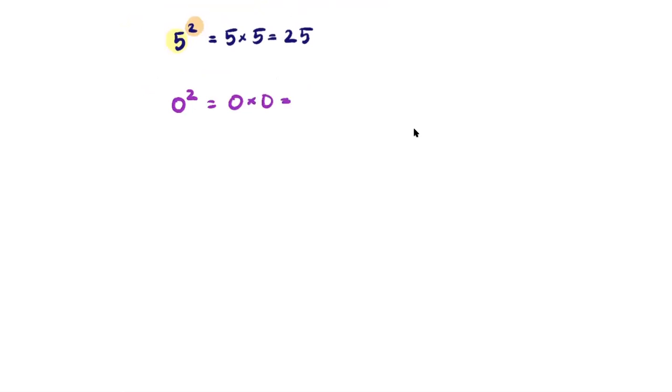And 0 times anything is 0, so it's still going to be 0. 1 squared, the base times the base: 1 times 1 is equal to 1. And then we have 2 squared. Base times the base, so 2 times 2, which is 4. Then 3 squared is the base times the base, which is equal to 9.